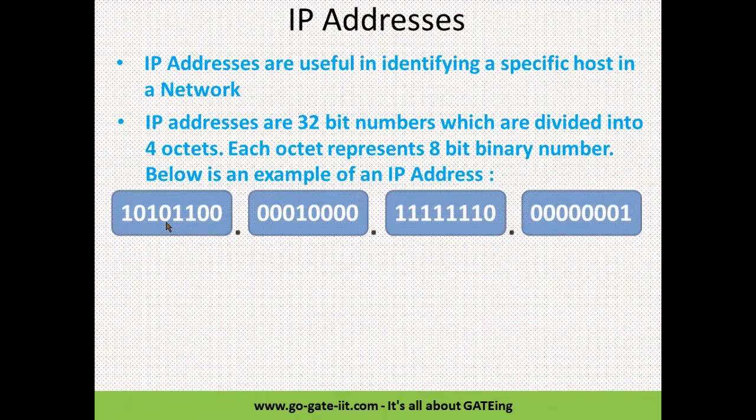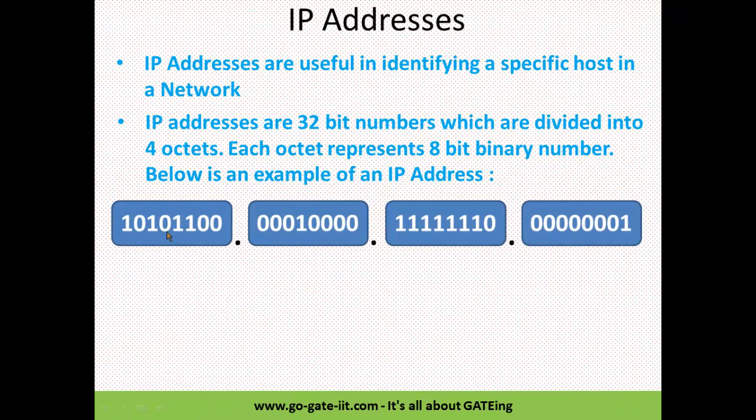Below is an example of an IP address. In this example, you can see the notation used here, which is also called dotted notation. Here you can see that these are binary numbers which are separated by dots. These binary numbers are machine readable, so a computer can understand this dotted notation in the form of binary numbers very easily.